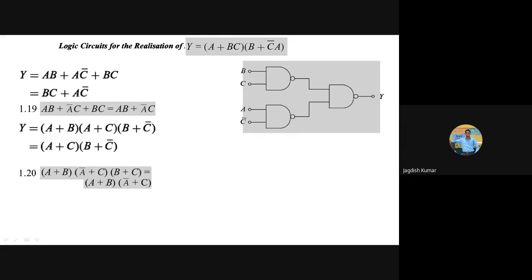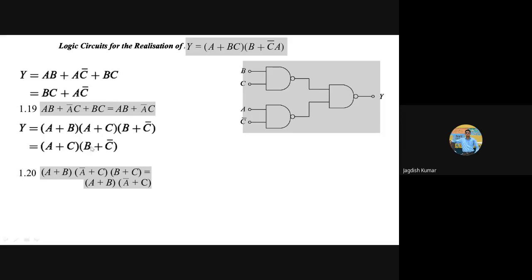Others, very good. Anshika is getting it. And others, yes. Anshul, Subhash, Shubh, Abhi. So you should be actually able to get this.